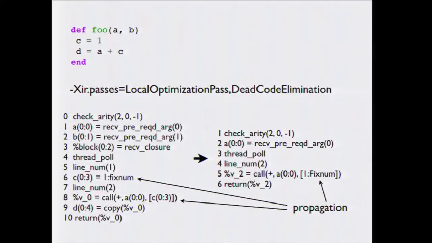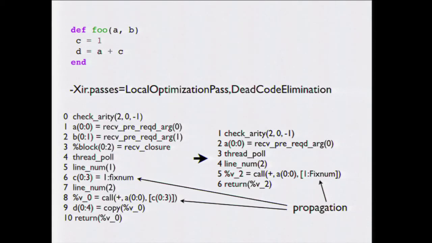This is a little complicated, but by looking at the code here, the IR compiler will see that there is a lot of dead code here. Parameter B is not used.